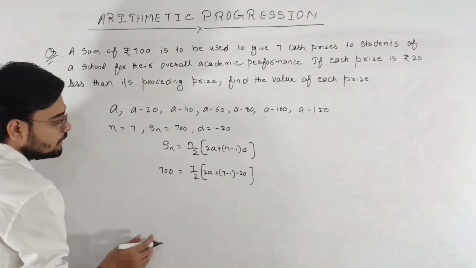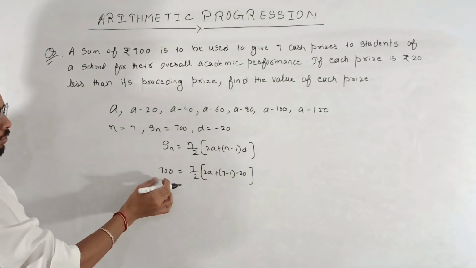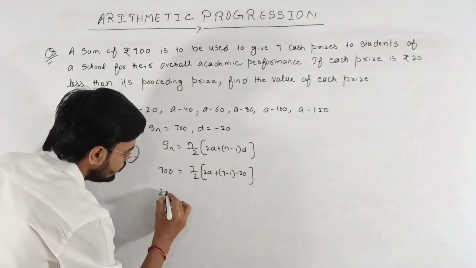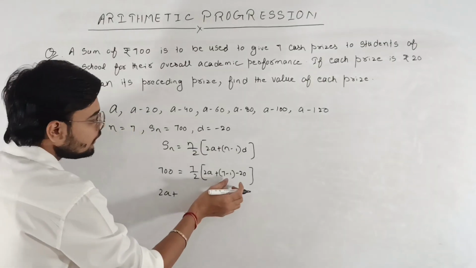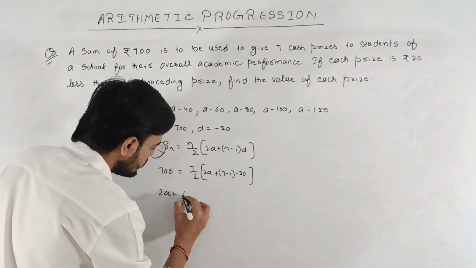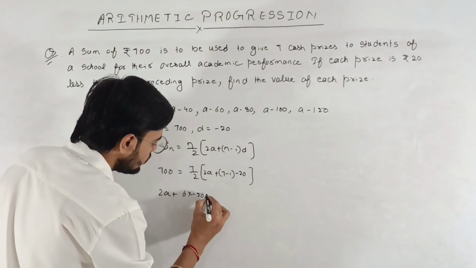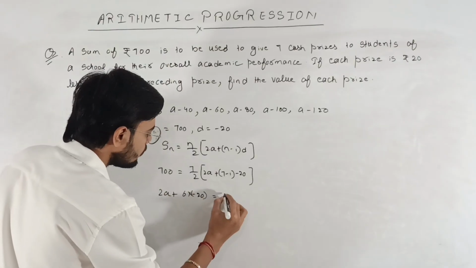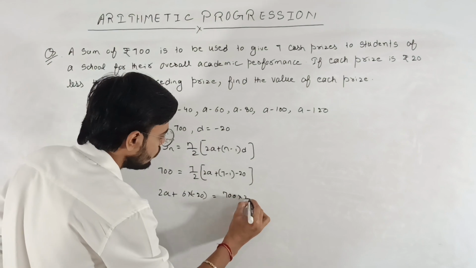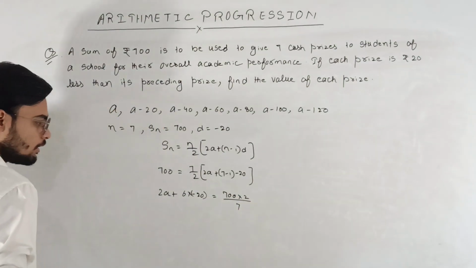Now this 7 by 2 goes to this side, then we have 2A plus 7 minus 1, which is 6, into minus 20, is equal to 700 into 2 upon 7.